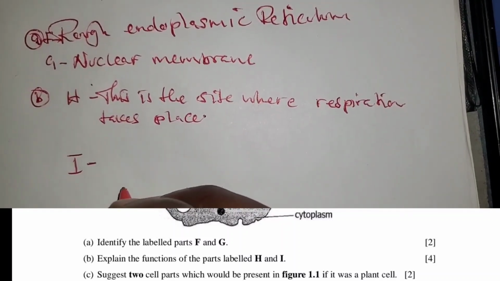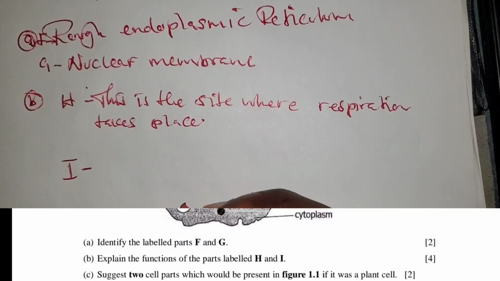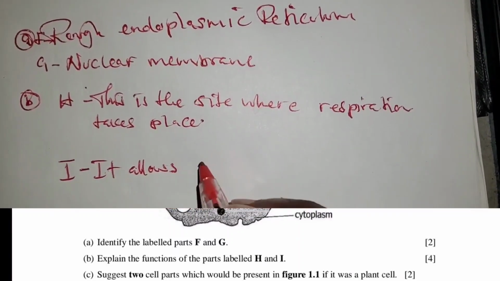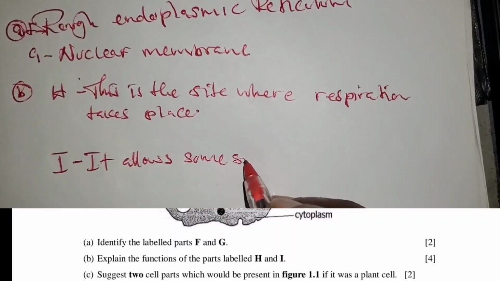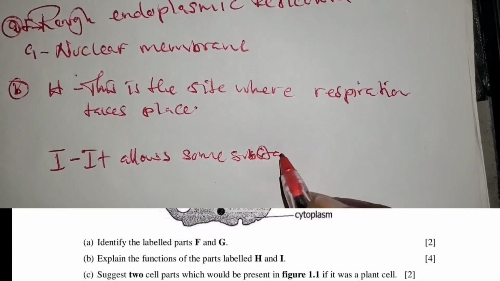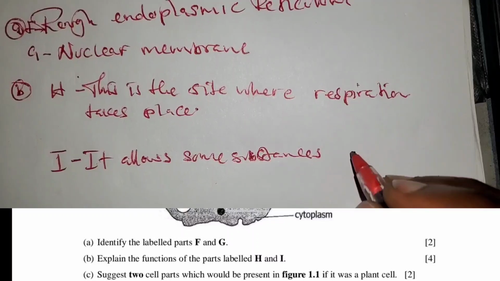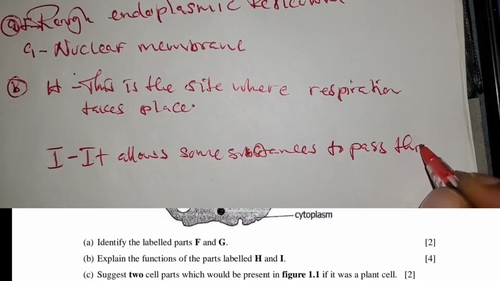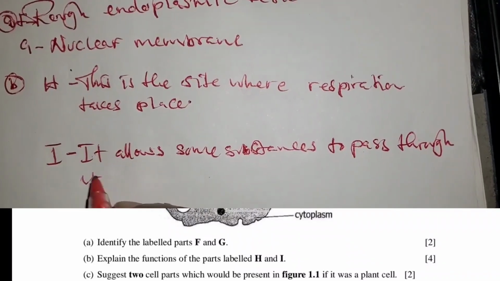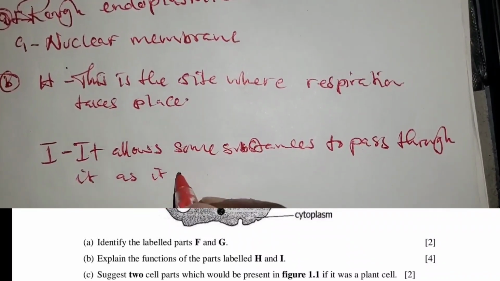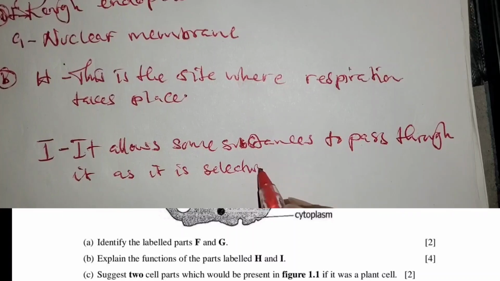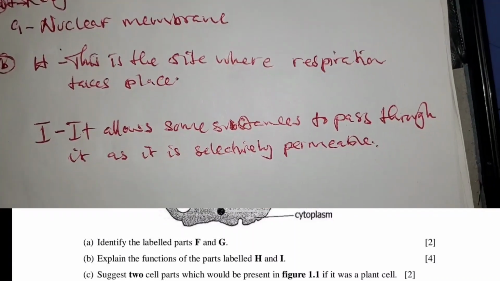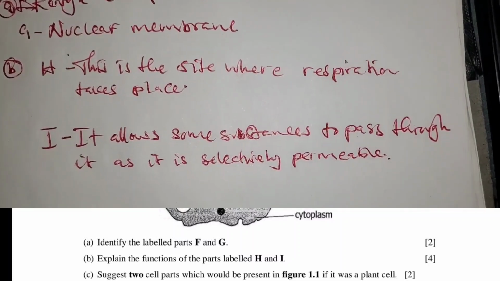So you can say, since it is selectively permeable, it allows some substances to pass through it as it is selectively permeable.